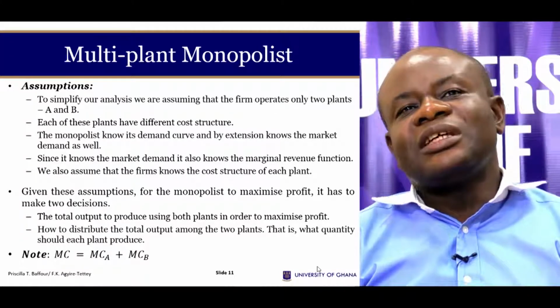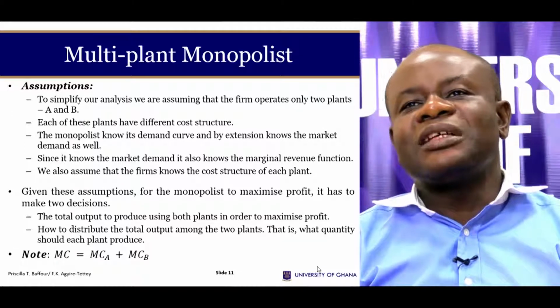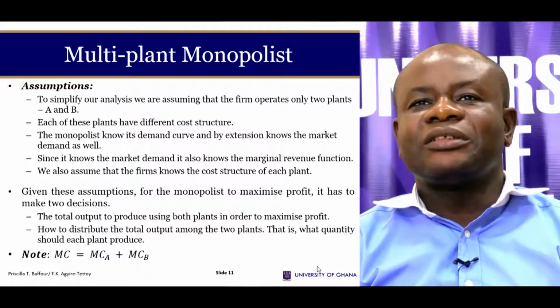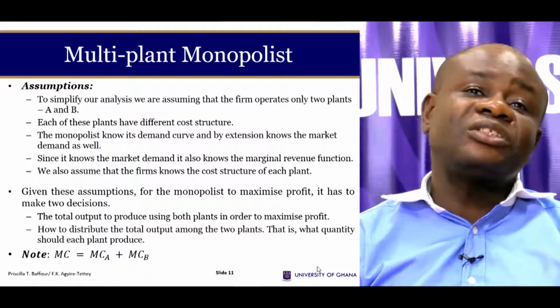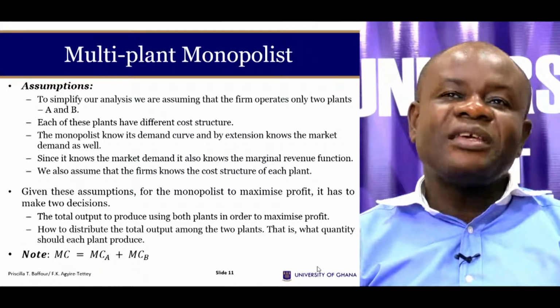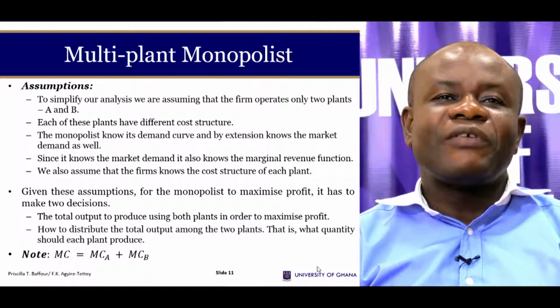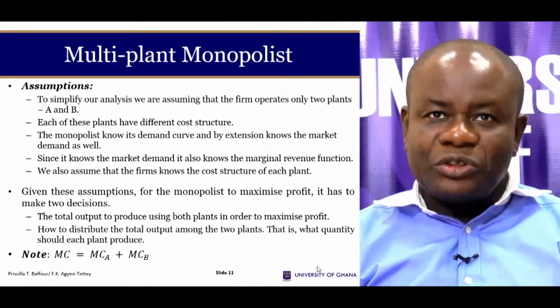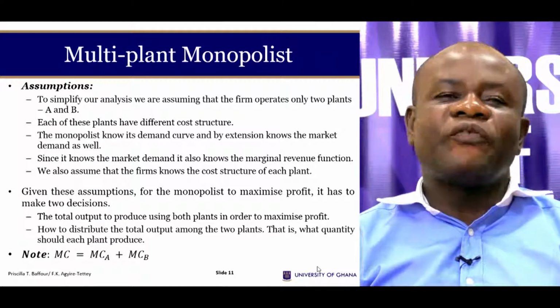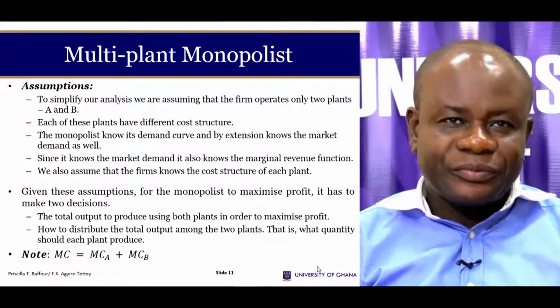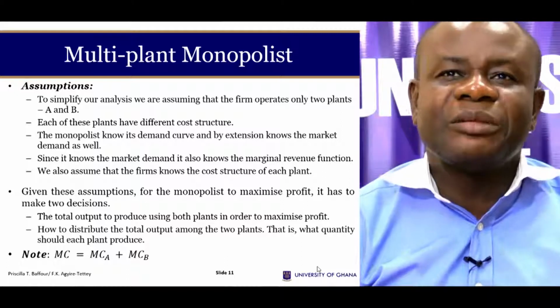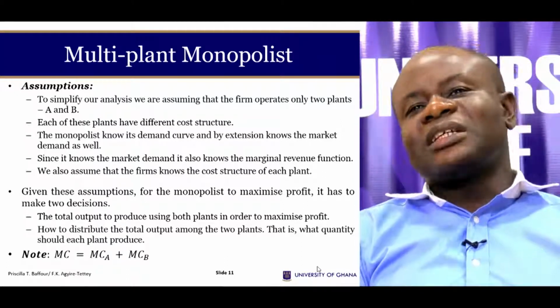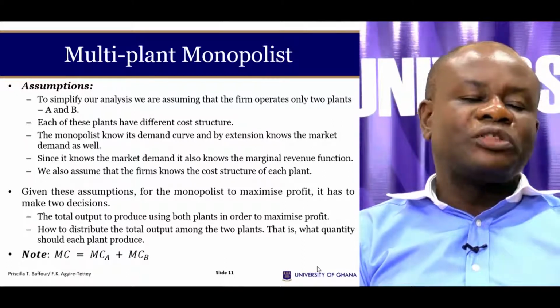Since it knows the demand curve, it definitely means it knows its marginal revenue function. We also assume that the firm knows the cost structure of each plant. Given these assumptions, for the monopolist to maximize profit, it has to make two decisions.